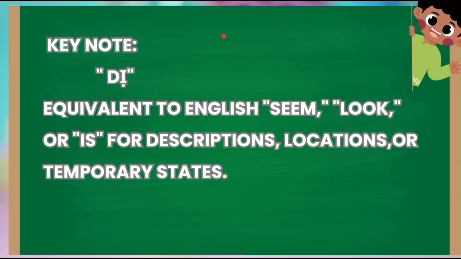So "dị" is equivalent to seems or look like, or is for descriptions, location or temporal state. Why you need to understand this "dị"? Because it has a brother called "bụ", and both of them do the same work. So if you don't understand it, it will be confusing for you. Because the two of the brothers serve as is and am.